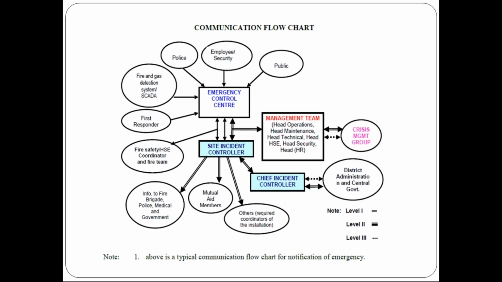Then the chief incident controller will be interacting with district administrations and the government. In a level 2 event, they just intimate and inform, and in level 3 they fully support and fully coordinate, continuing until the emergency is over or it is declared that the emergency is normal. This is what we call the termination of the emergency.